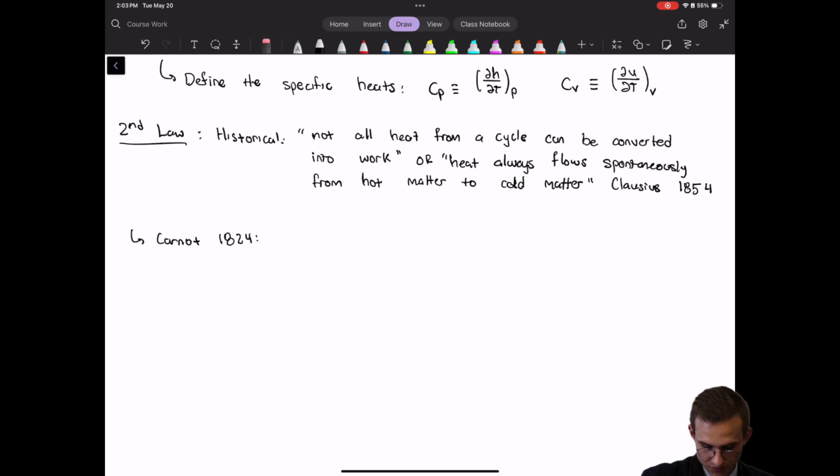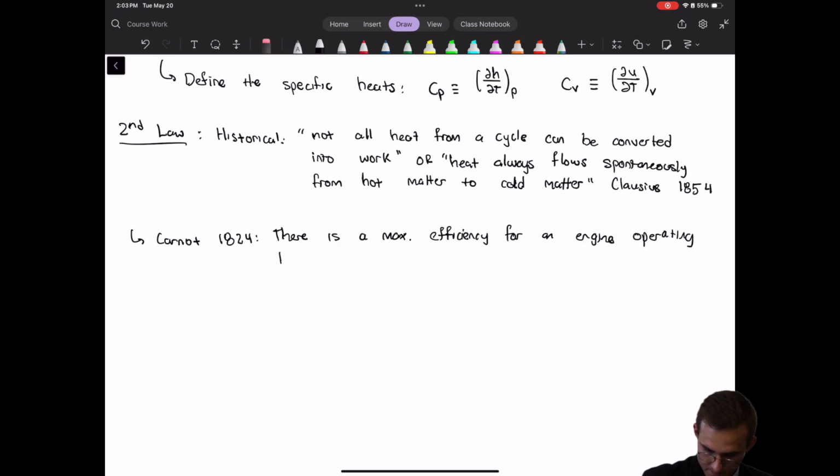So Carnot in 1824 said that there is a maximum efficiency for an engine operating between two temperatures, and it only depends on those temperatures.